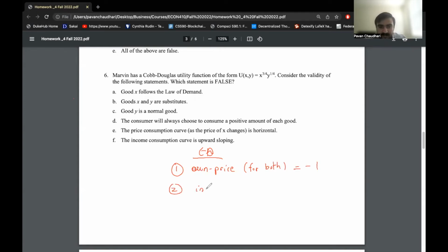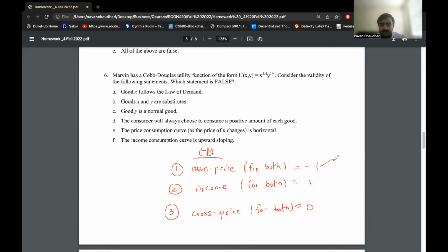The income elasticity, again for both, is going to be 1. And the cross price elasticity, again for both, is going to be 0.